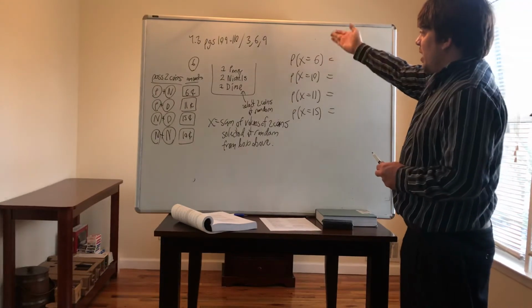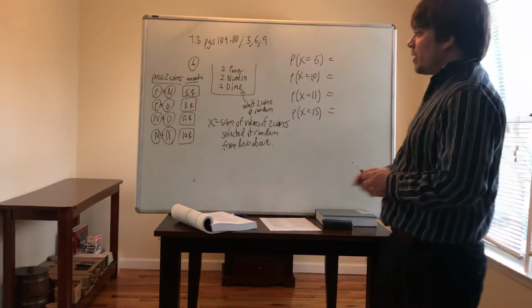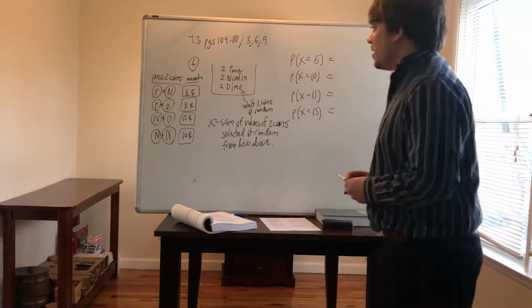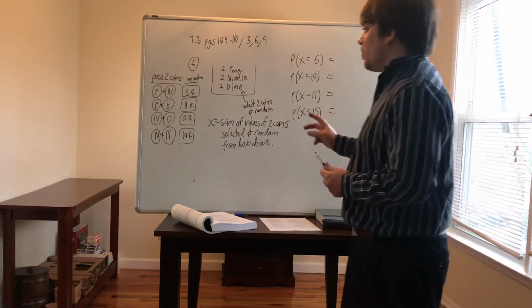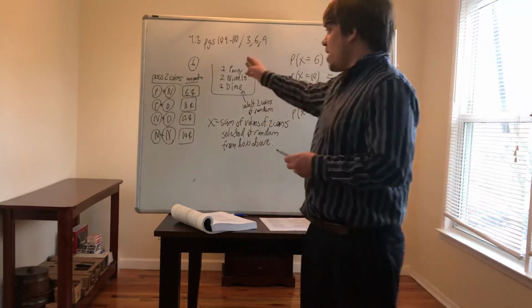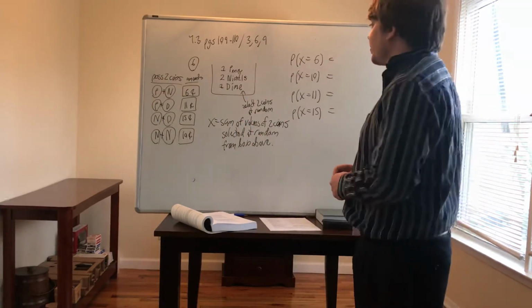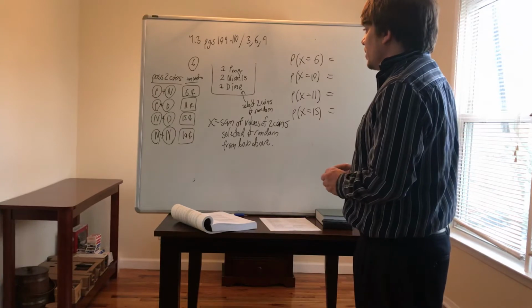What is the probability that you get 6 cents? Well, 6 cents corresponds with choosing a penny and a nickel. And so what's the probability, if you choose 2 coins from this box, that you chose a penny and a nickel?